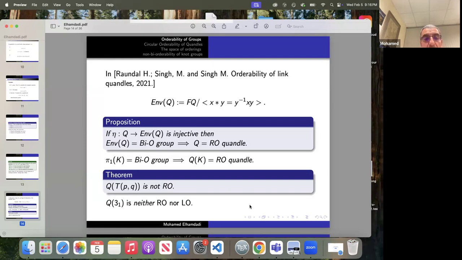Now, the fundamental group of a knot being bi-orderable implies that the fundamental quandle of the knot is right orderable. The fundamental quandle of a knot is defined in a similar way: generated by the arcs, and you write a relation at each crossing.